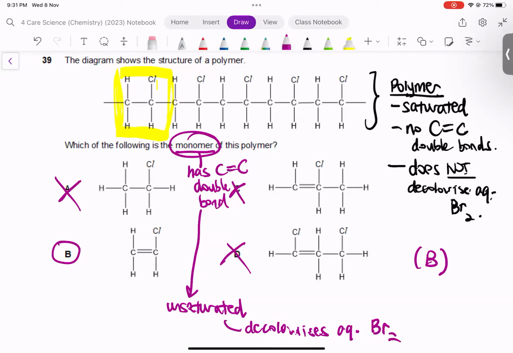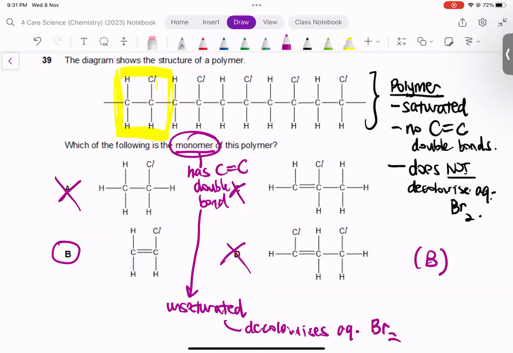The polymer is saturated and it does not decolorize aqueous bromine. So question 39, you must know the difference between monomer and polymer. All right. And now let's end off with the final question.